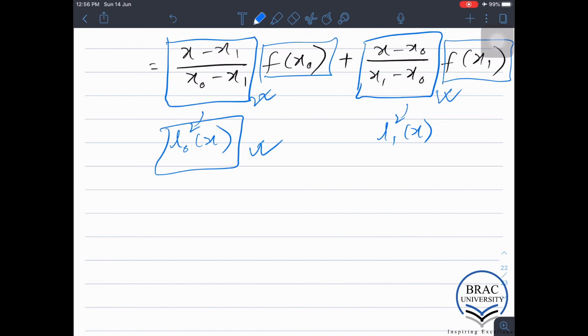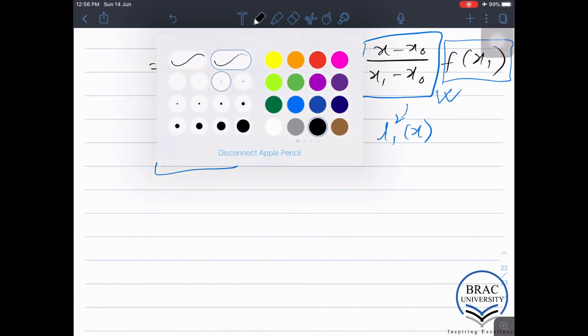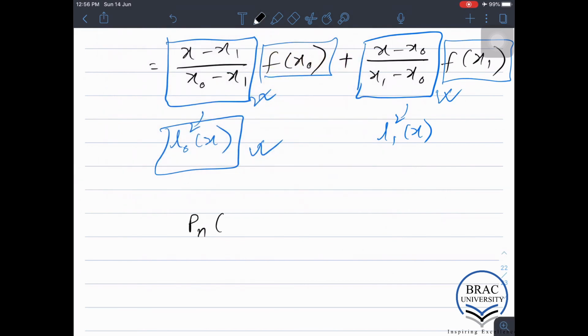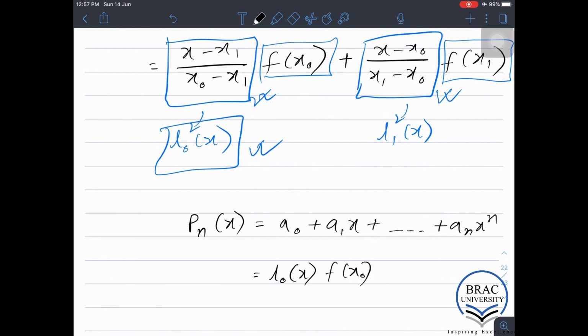So what all we did is that we chose a basis in such a way that it's easy to calculate. Let me just give you a small recap. We had this Pn of x in the basis a0 plus a1 x plus dot dot dot an x to the power n. I wrote it in a basis in such a way that I had L0 of x f of x0 plus L1 of x f of x1 plus dot dot dot Ln of x f of xn.